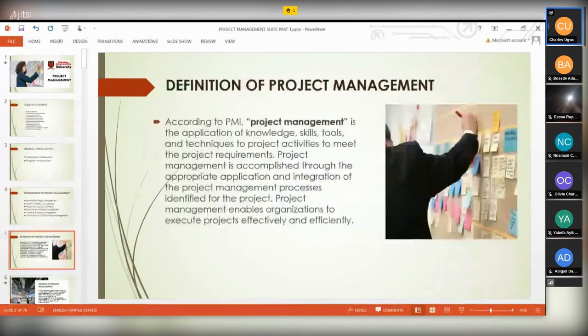The first thing is we are going to look at the definition from the PMI Institute. That is the Project Management Institute. It's one of the highest bodies globally in terms of project management.